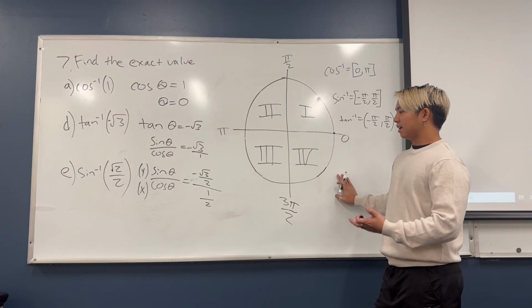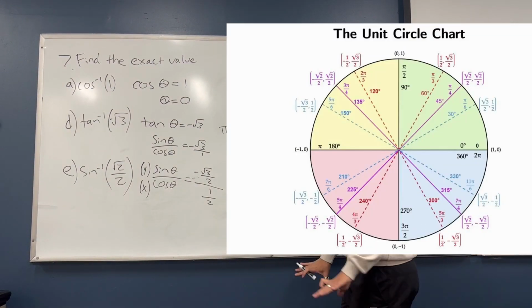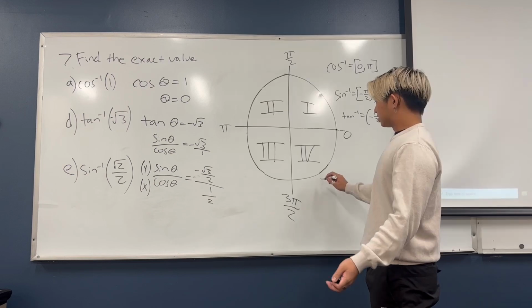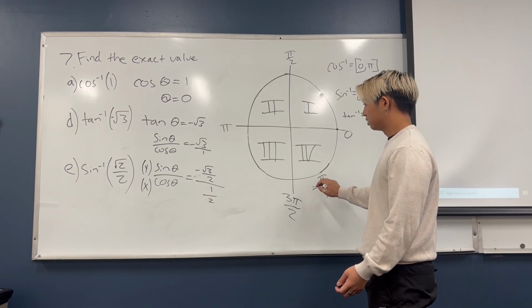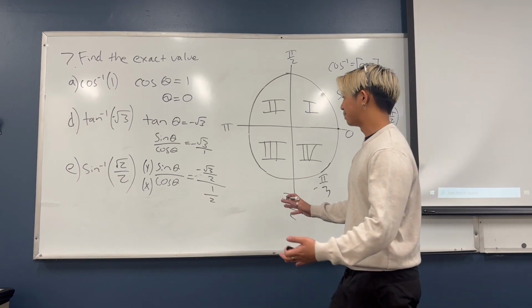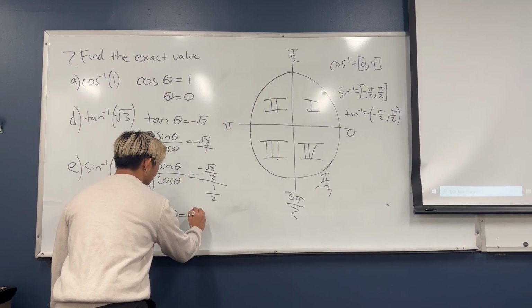If you look at a unit circle or our data values, whatever preference you use, our angle here is negative pi over 3. Make sense? So our answer here is theta equal to negative pi over 3.